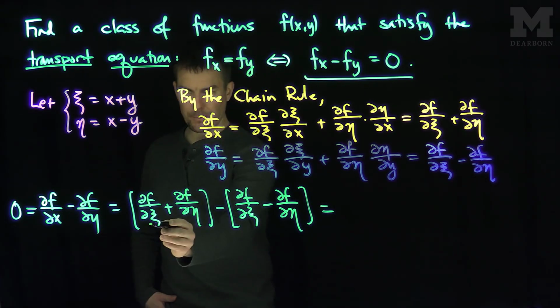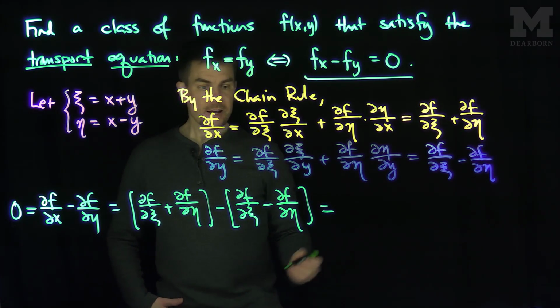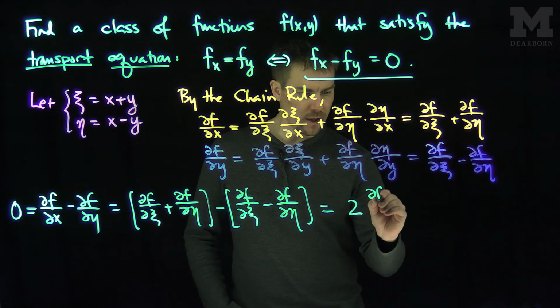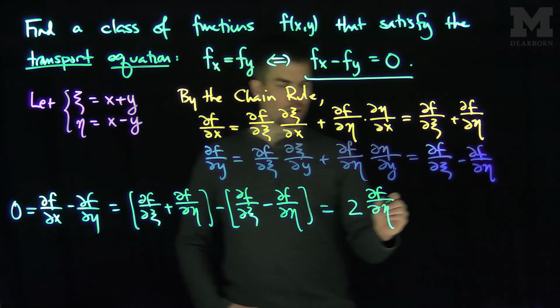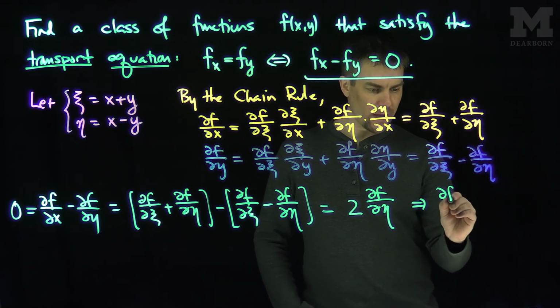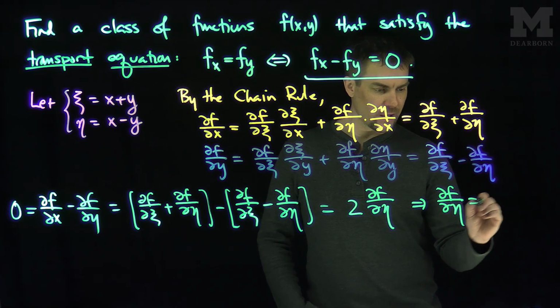If we simplify this, the partial f partial xi terms cancel out, and we'll just have 2 partial f partial eta, which says that partial f partial eta is equal to 0.